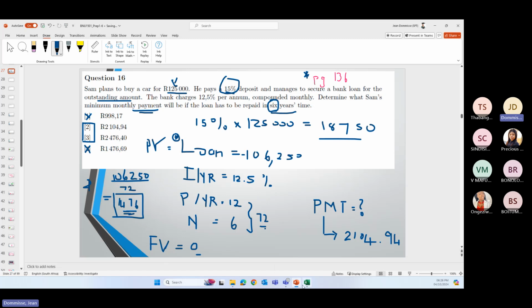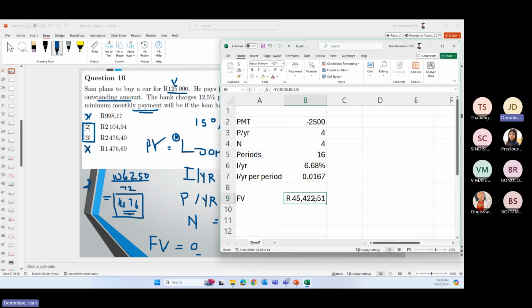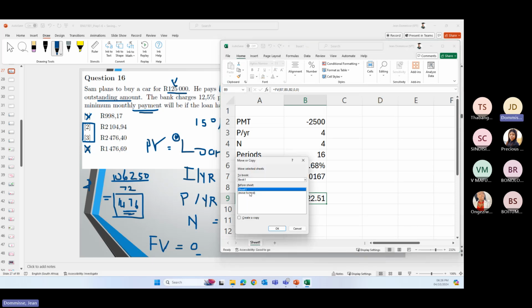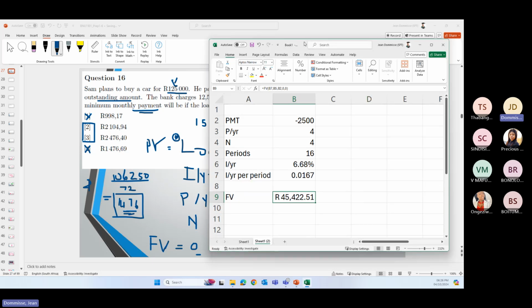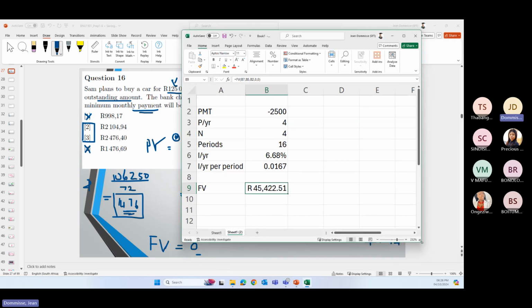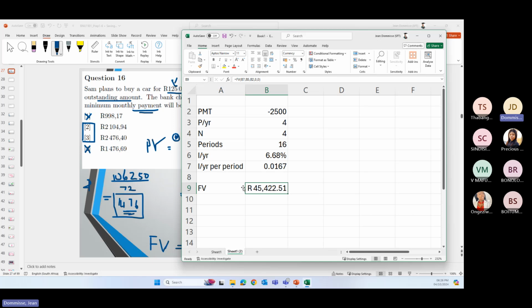Okay, but let's quickly go to Excel, and I'm going to copy this one that we used previously. We will change a few things in here. The previous one, I needed to work out future value.